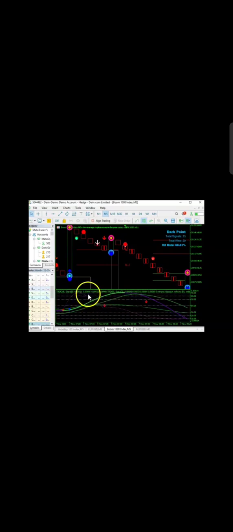Now, whenever these two dotted lines intersect at a level like this above, having put other factors into consideration here, it will sell. At that point, you are going to experience a sell trend.